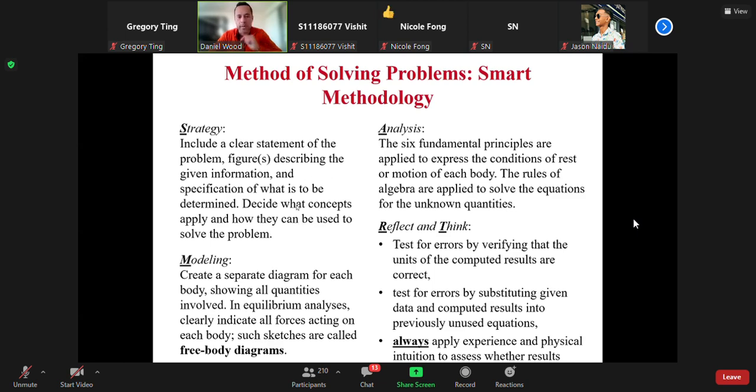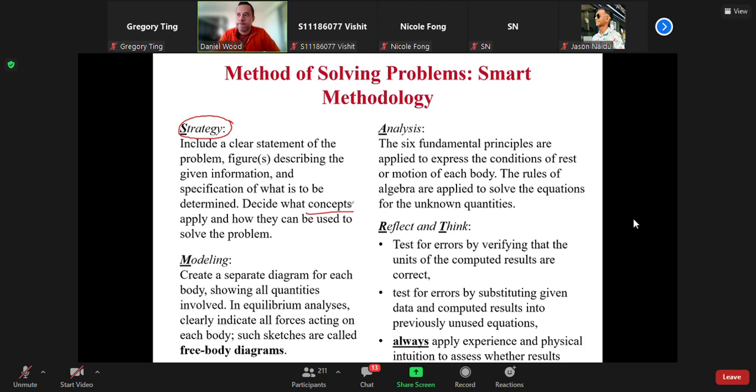The first step, number 1, is strategy. You should include a clear statement. You might summarize the problem that you've got in front of you, and then you need to decide what concepts apply to this problem. Is it a statics problem? Is it a dynamic problem?